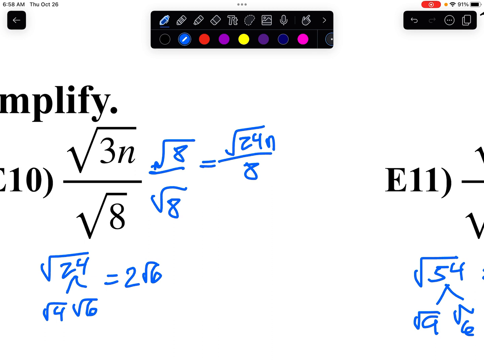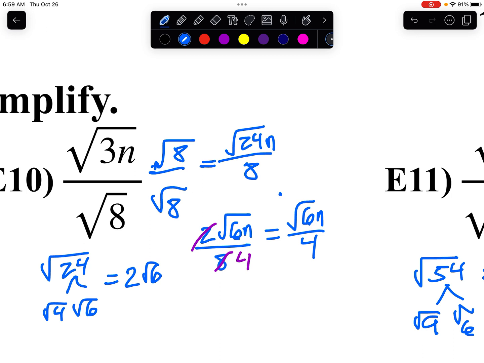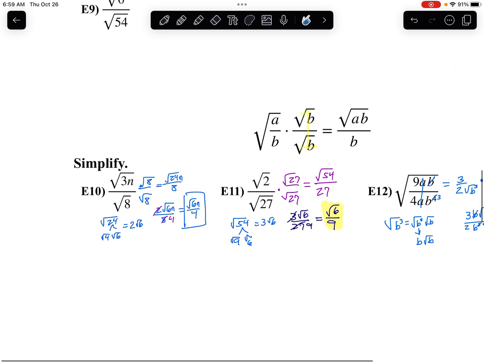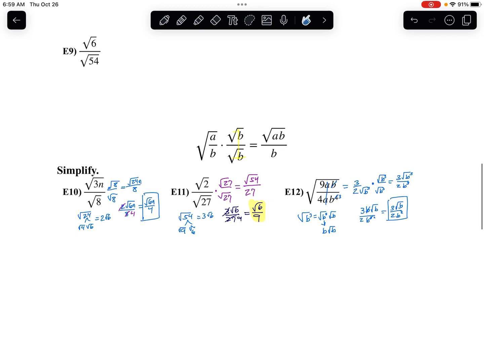And then my n just stays under there, doesn't it? So I get 2 square root 6n all over 8. Well, 2 goes into 8 4 times. So we get the square root of 6n all over 4. Teaches me right for shrinking that in so much.